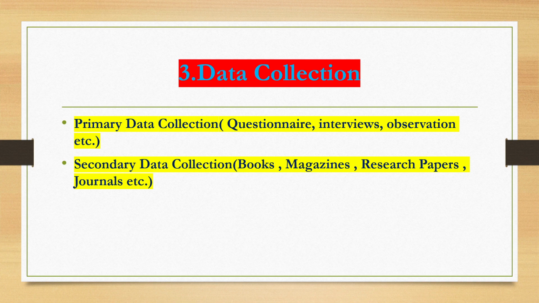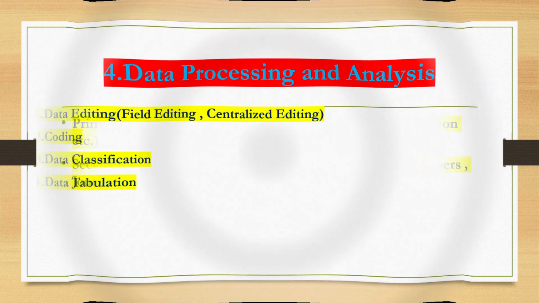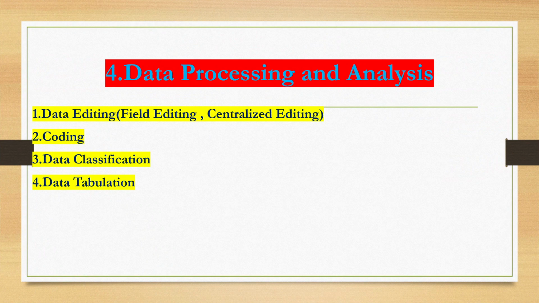After collecting the data, this data is raw data, and drawing information from this raw data is not very convenient. So what we do is we process the data. So we follow different steps in processing the data. They are field editing, centralized editing, coding, data classification, and data tabulation.